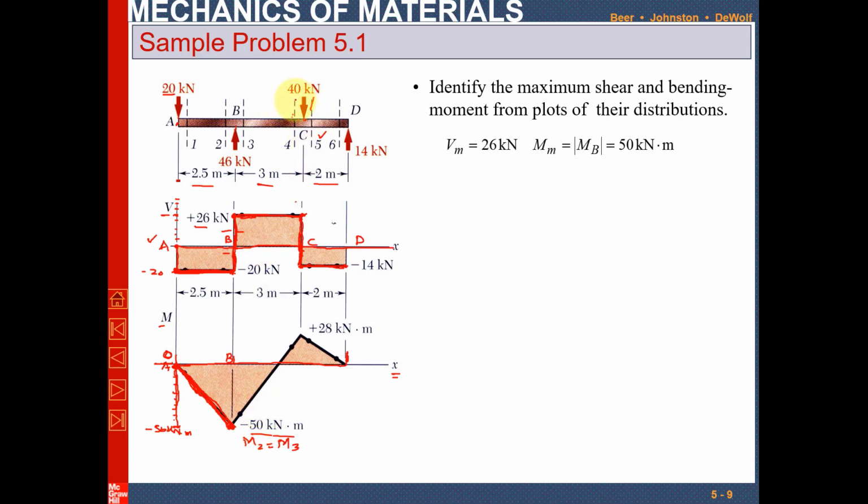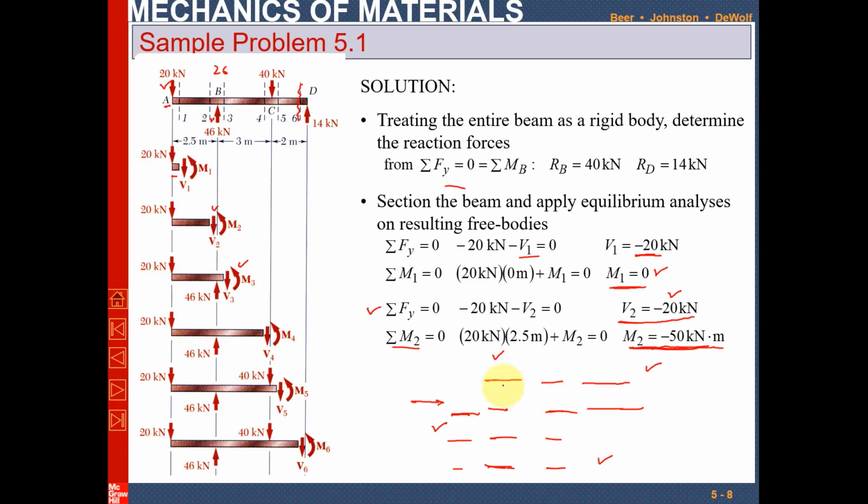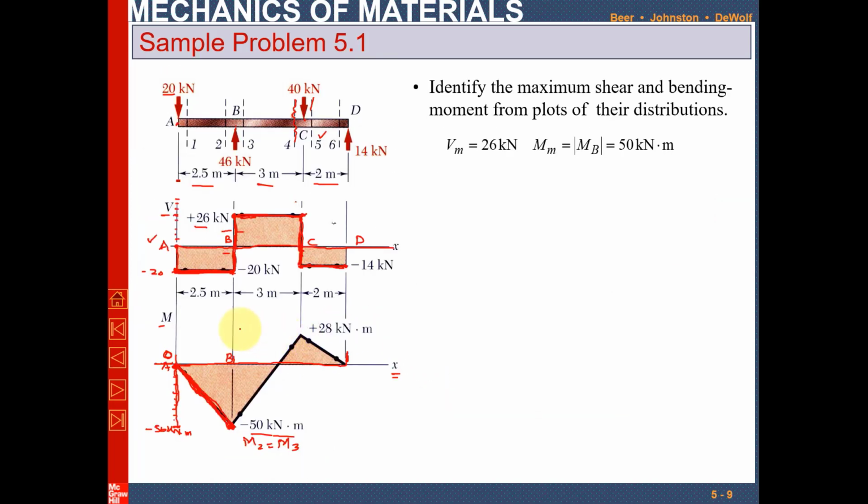Now we will check the moment at point 4. The moment at point 4 is 28 kilonewton meter. So you will locate 28 kilonewton meter. Let this point be 28 kilonewton meter.